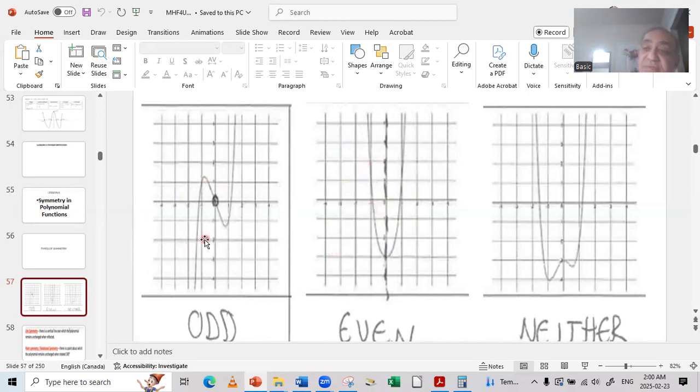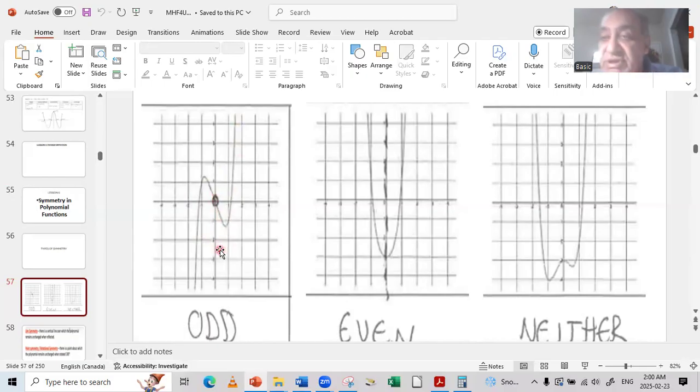How about the odd? If the power is odd, like 1, 3, 5, 7, x power 1, x power 3, x power 5, x power 7, then in that case, it will take this figure. And actually, it's around the point 0 and 0. So the symmetry is around it. What does symmetry mean?